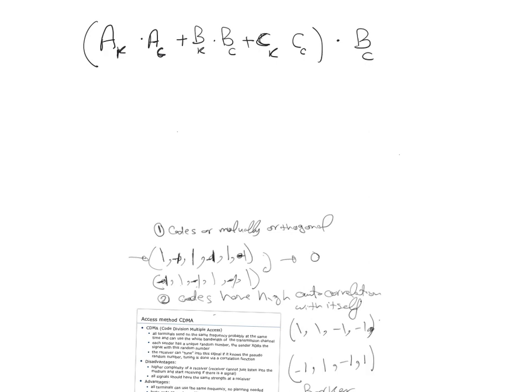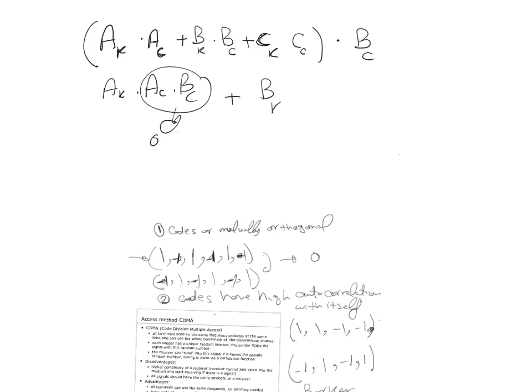You get the aggregate signal and you multiply it by BC. Let's do it mathematically using linear algebra. So AK times AC times BC. What is this? Zero, right? Because they are mutually orthogonal.